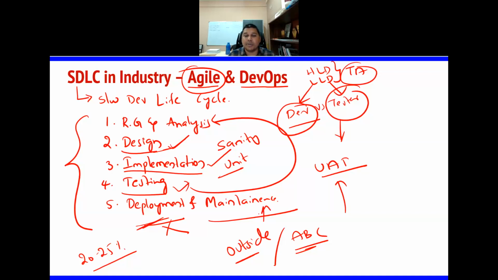Okay, so the maintenance team will keep monitoring the application continuously, always, 365 days. Application is working, so there will be a maintenance team working. Project is completed, the whole team might collapse, but maintenance team still works. Their job is to keep monitoring the application always, whether it is working fine.